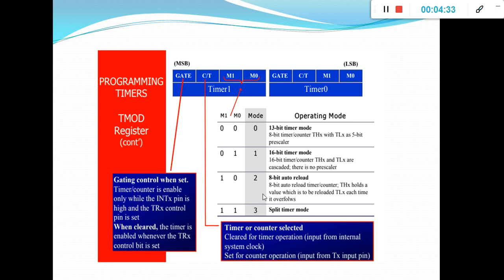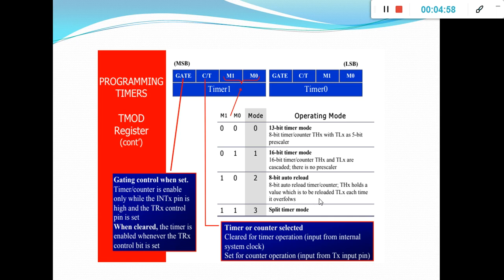The same goes for mode 2. When you put M1 and M0 as 1 0, mode 2 is selected. Mode 2 is an 8-bit auto-reload timer or counter. THX holds the value which is to be reloaded into TLX each time it overflows.